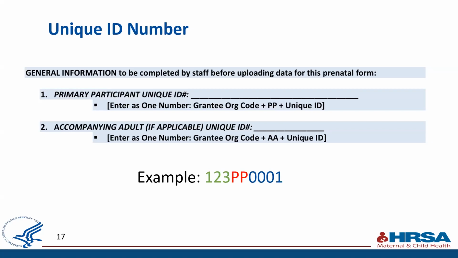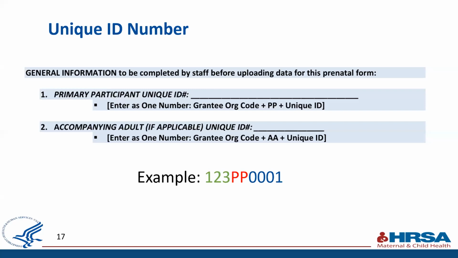And as you can see here, the unique ID has 3 parts. First, in green there, you'll see the org code, a 3-digit code that's specific to your site. And if you don't know your org code, the TA Center will help you identify it. Next, in red, you see the letters PP, and this stands for primary participant.